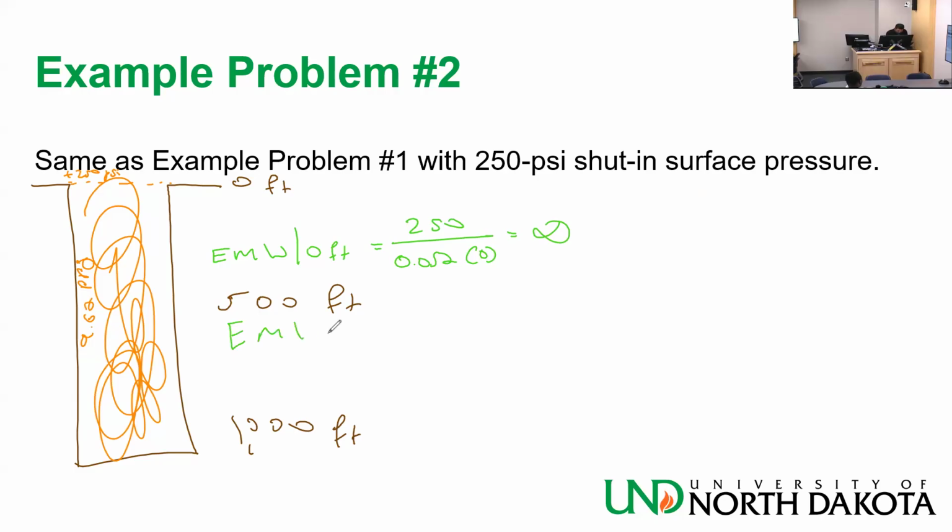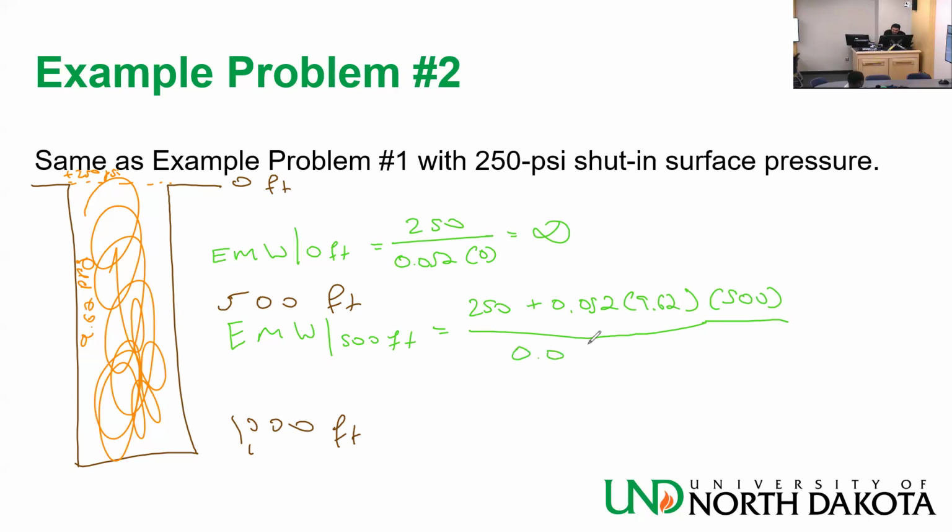What about at 500 feet? What is the pressure at 500 feet? 250 plus the hydrostatic at that point, which is 9.62, the mud weight, times 500. So what is this number? You don't need a calculator.